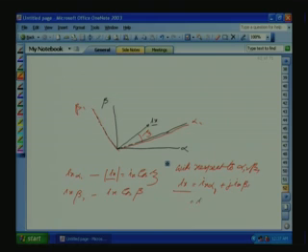This is equal to IR cos theta plus j IR sin theta. Oh, sorry, this is theta. Okay, this is the one.